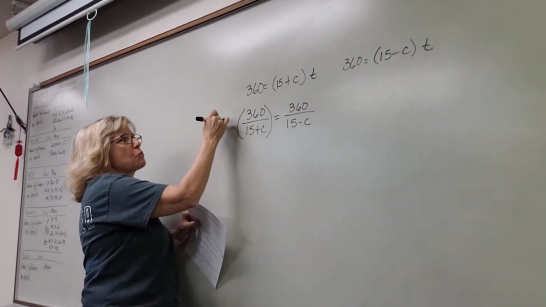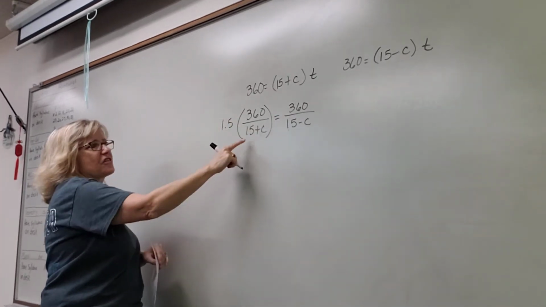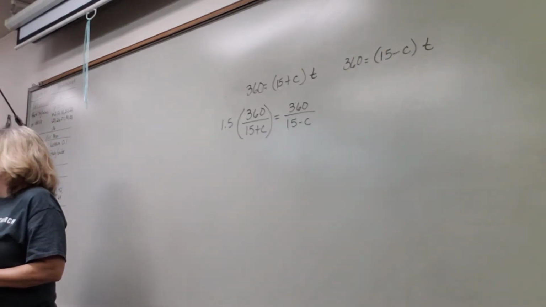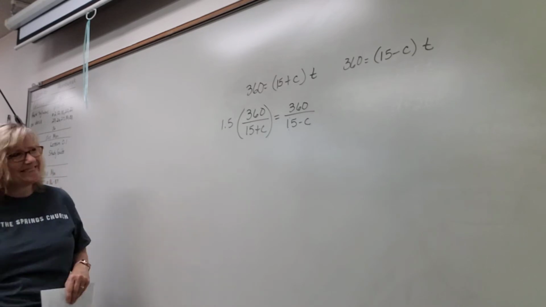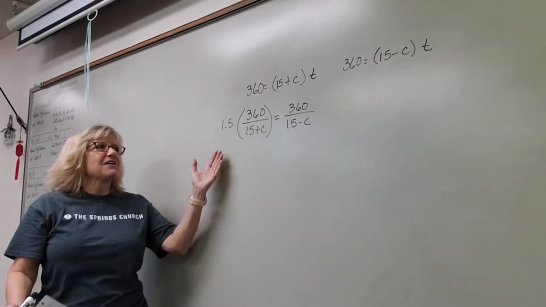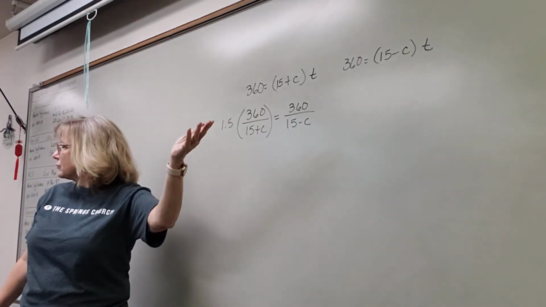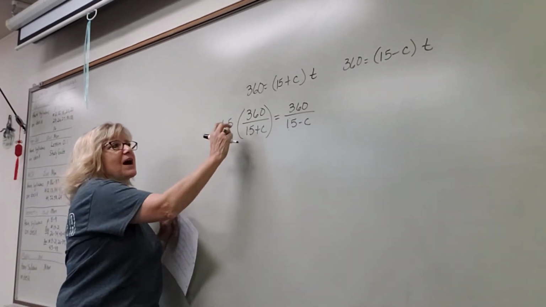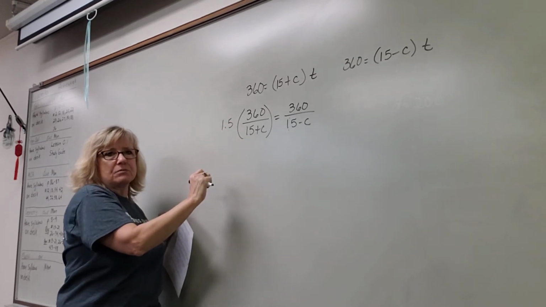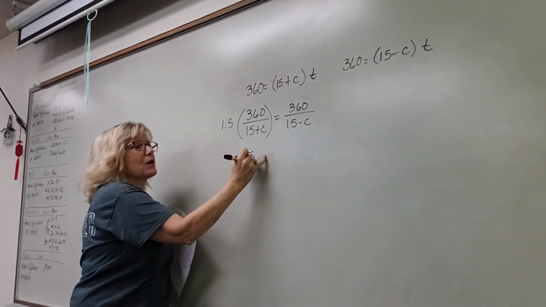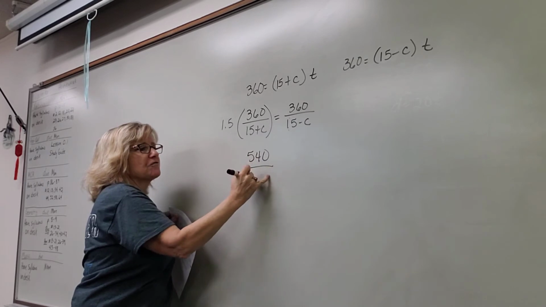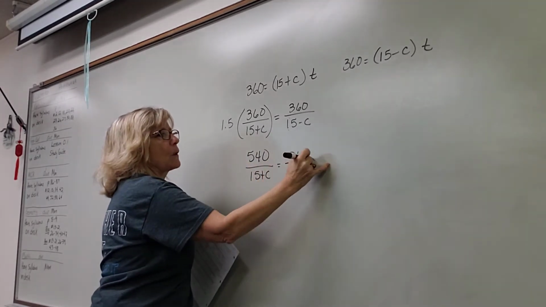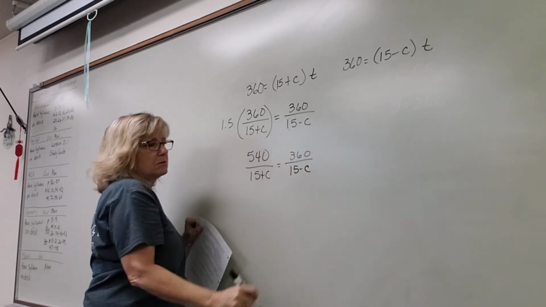This is always the equation that messes me up every single year. So we really have ratios here. I'm going to multiply this fraction by 1.5, which gives me a numerator of 540 over 15 plus c equals 360 over 15 minus c.